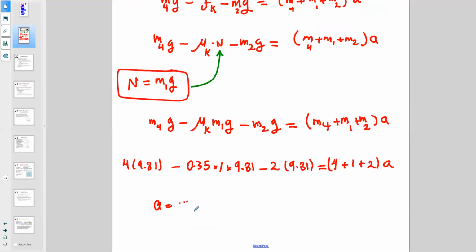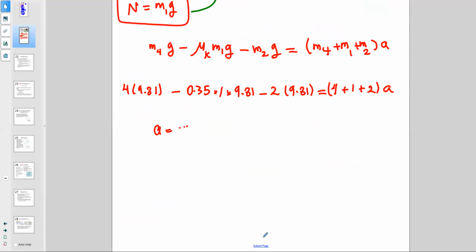So we found A, and let's actually do that because this is a very interesting problem. So I'm gonna put this in the calculator to see what I get. On the left-hand side, I got 16 point, let's say 2. It's actually 0.18, but I'm going to call it 16.2.